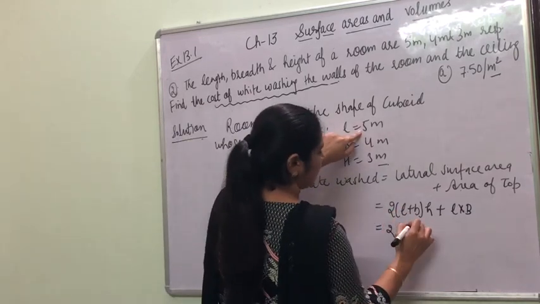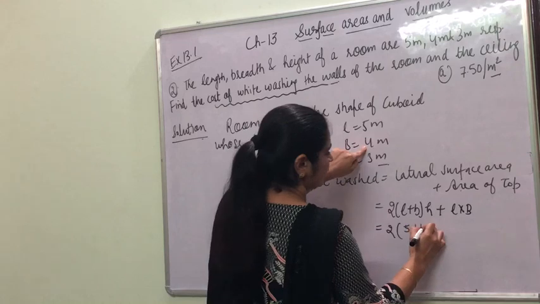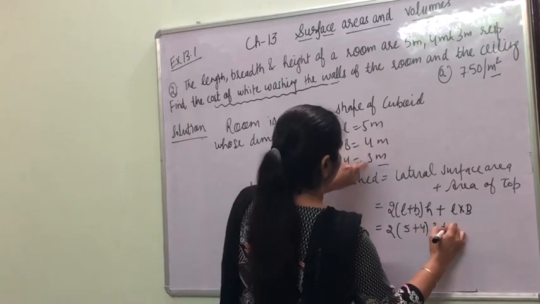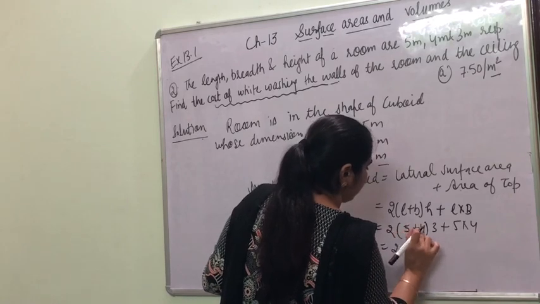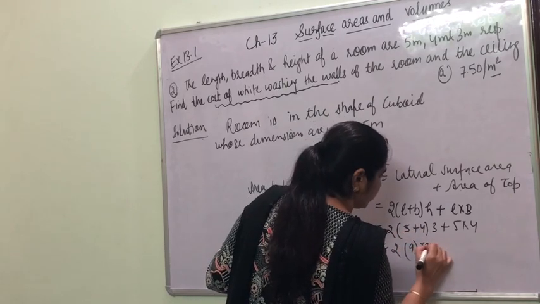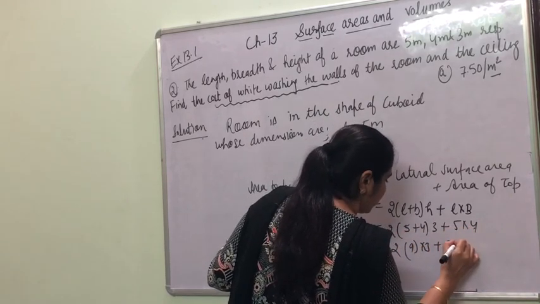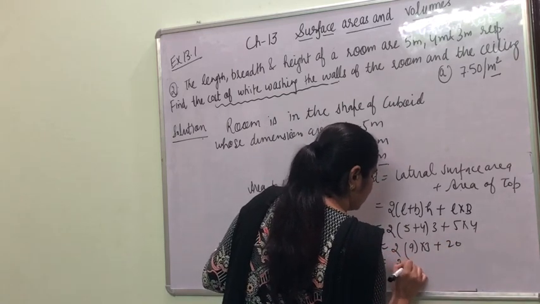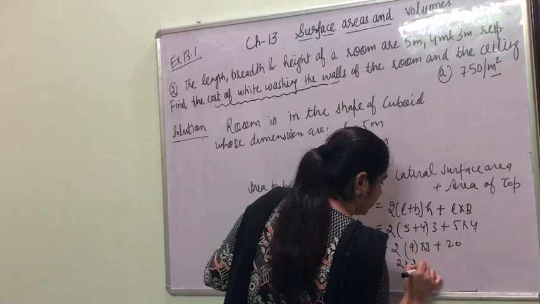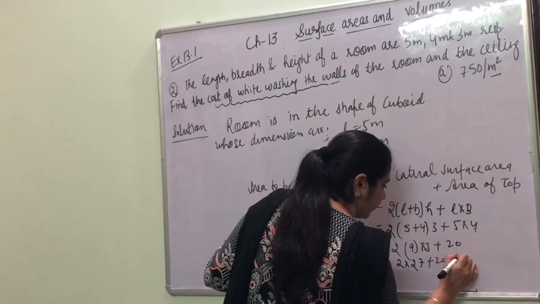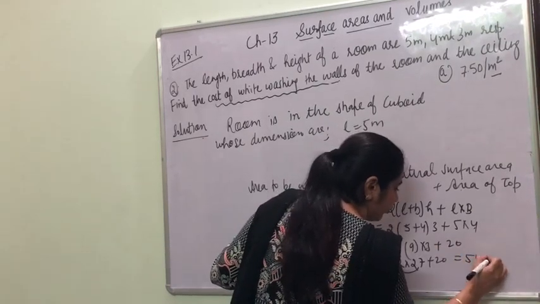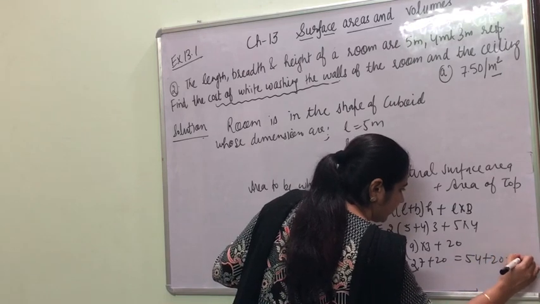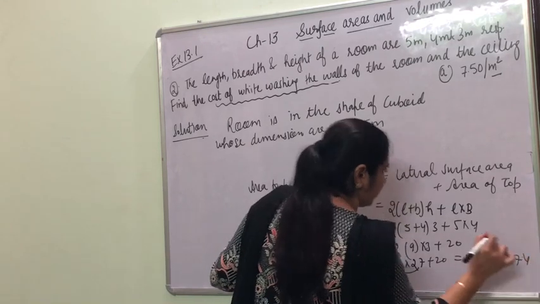Now we are substituting the values. L is 5, B is 4, H is 3. Twice of 5 plus 4 is 9 into 3, plus 5 into 4. 9 threes are 27, 5 fours are 20, 2 into 27 is 54 plus 20, 74 meter square.